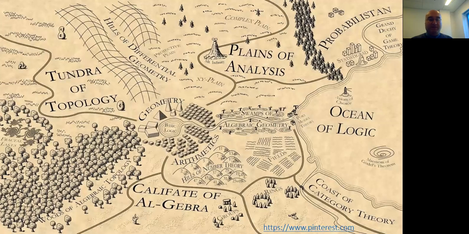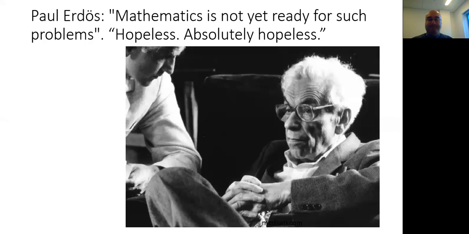This problem has connections with many branches of mathematics, including number theory, probability, statistics, algebra. So nowadays, this problem is not considered an isolated problem. It is related to many fields of mathematics.